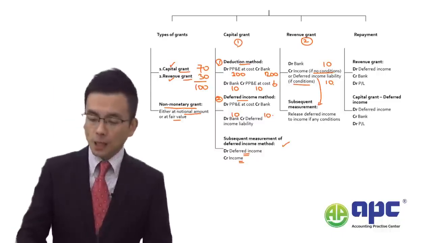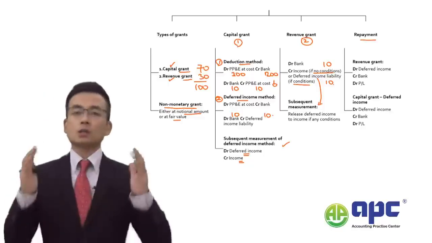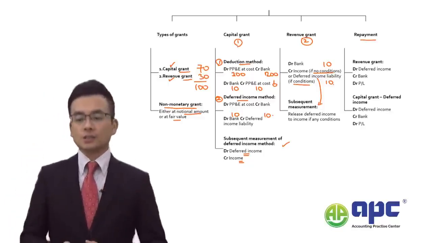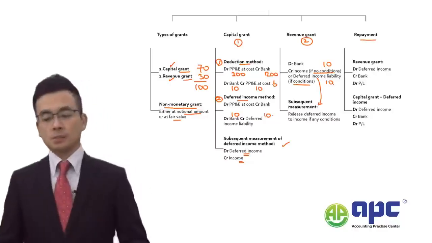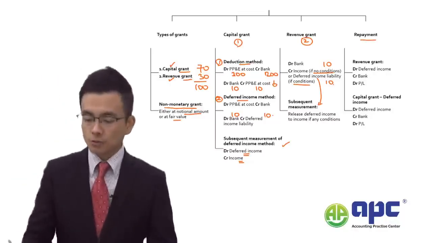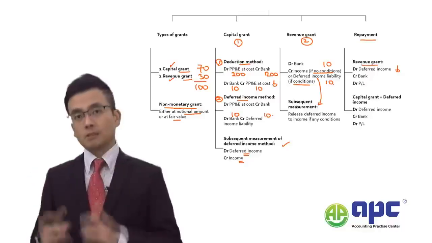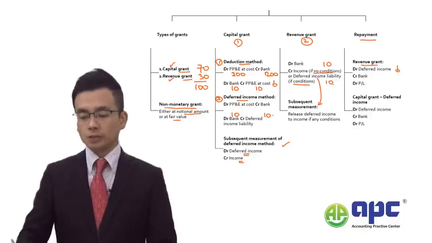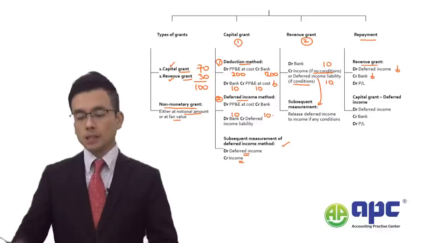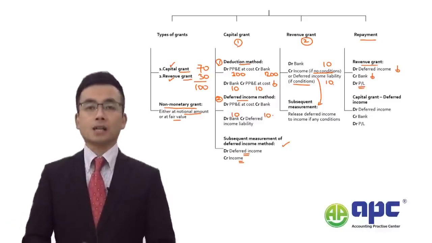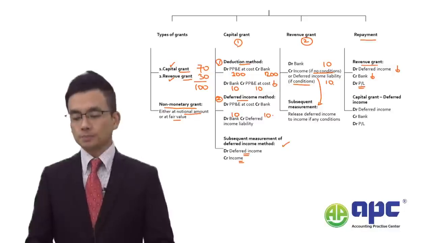How about for repayment? Which means you don't fulfill the conditions set by the government, and you need to repay the money back. And for the revenue grant, you simply remove the additional or the remaining deferred income liability to credit bank to repay that money, and for the balancing figure, we put that into the P&L as a loss, in other words.